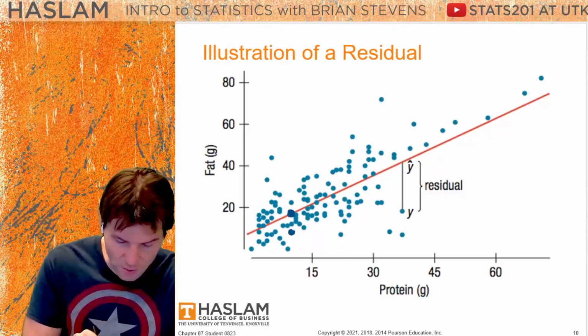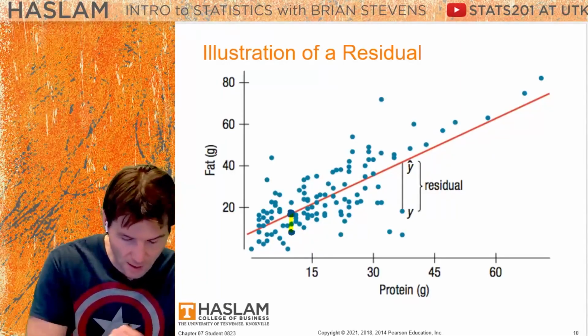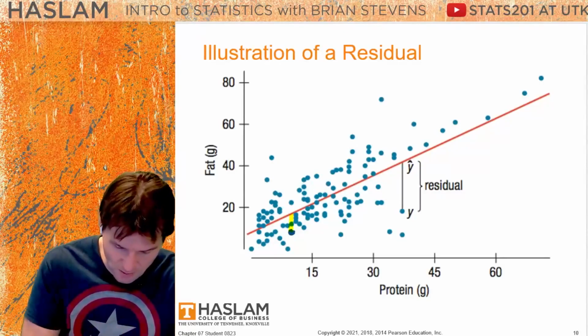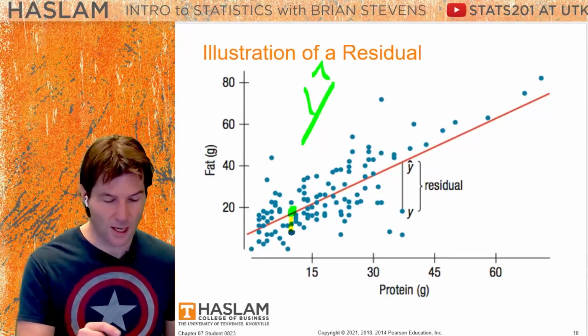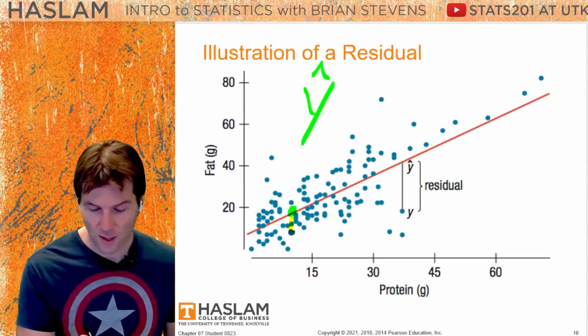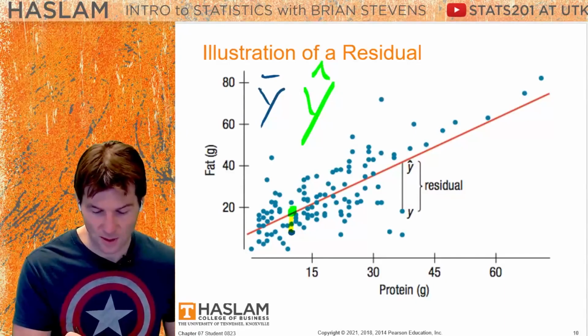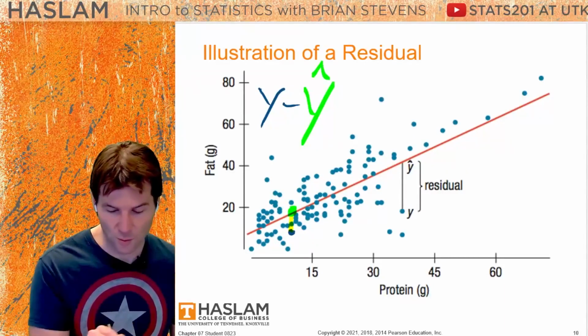And notice the residual shows us that it is 2.5 below the model. And this is not meant to be a point, that is meant to be just the prediction from the model. So the green dot I put right there is the y hat, and then the actual is the blue dot. So actual minus predicted, and that is equal to the residual right there.